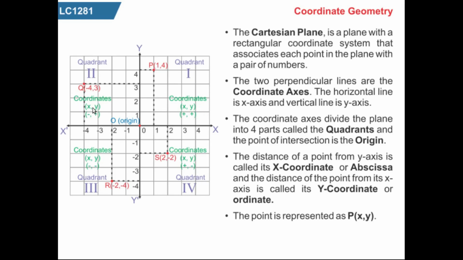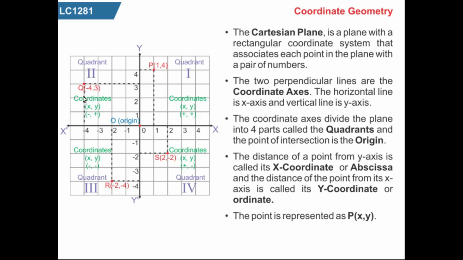In the second quadrant we have negative x-axis and positive y-axis, so all the points will be minus and plus. In our third quadrant, negative x-axis, negative y-axis, so all the points will be minus and minus. In the fourth, positive x-axis and negative y-axis, so here we have plus and minus.